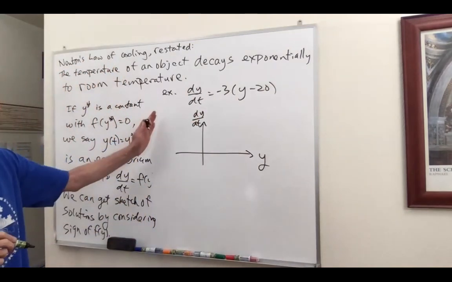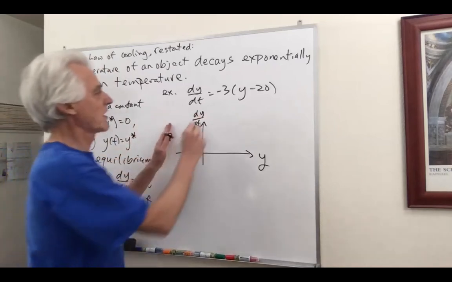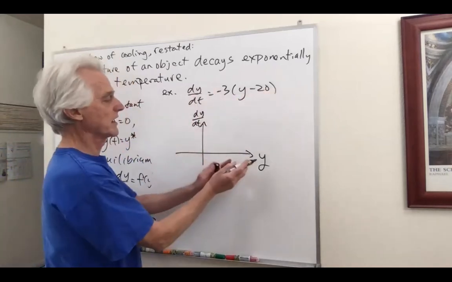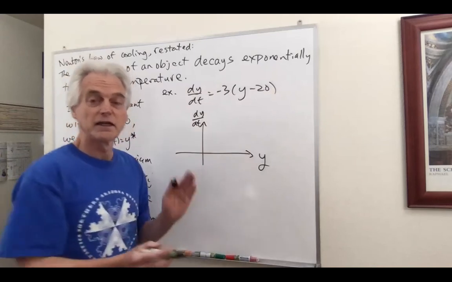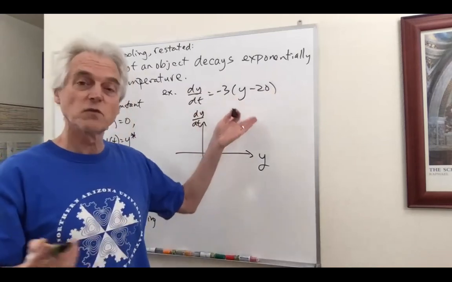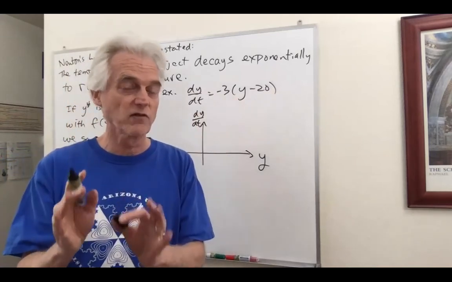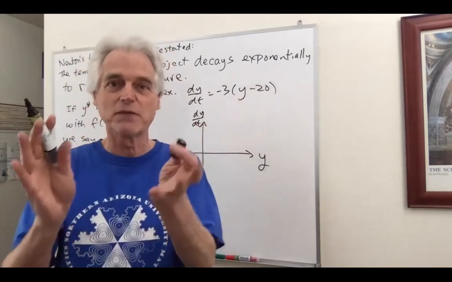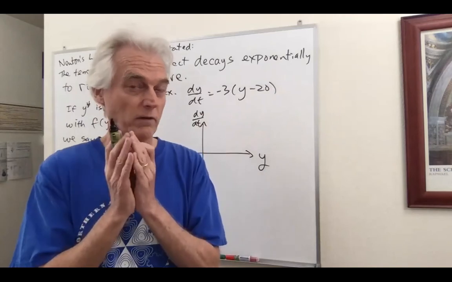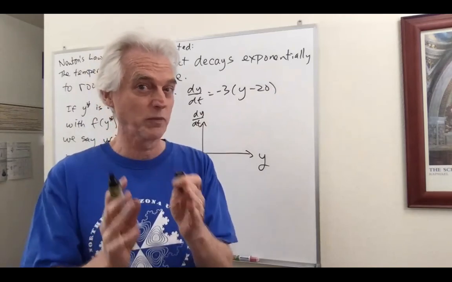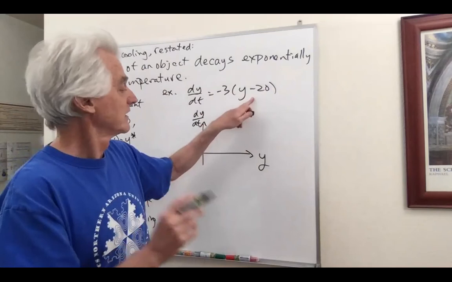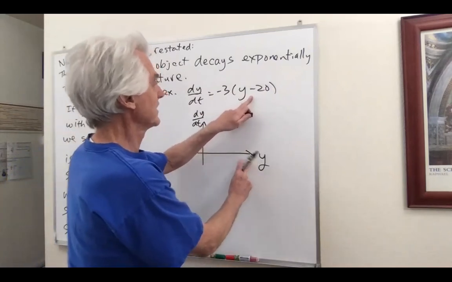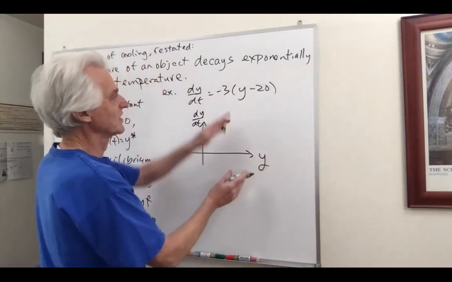What does dy dt, which is our f of y, look like as a function of y? Now this is a linear function of y, pretty easy to graph. It's not in the mx plus b form, I guess in this case it'd be my plus b form, but it is in a slope y-intercept form. Okay, that's kind of funny, y is horizontal, right?